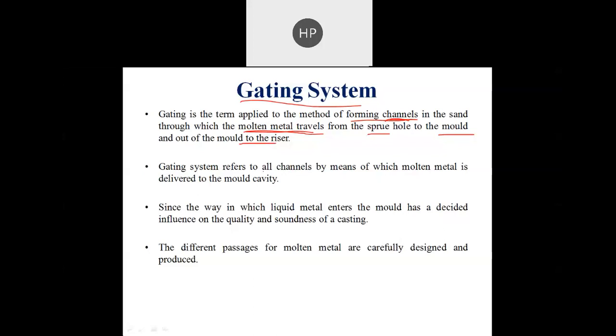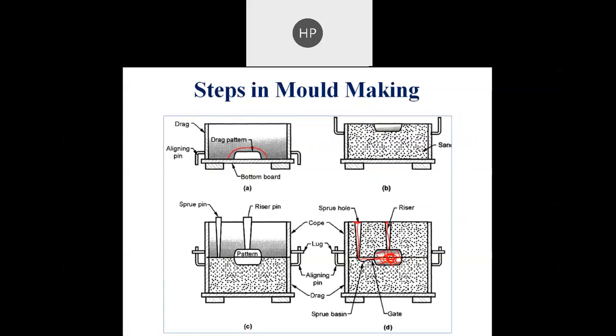Gating system refers to all channels by means of which the molten metal is delivered to the mold cavity. So this vertical channel, this horizontal channel, as well as this riser, all of these are part of a gating system.